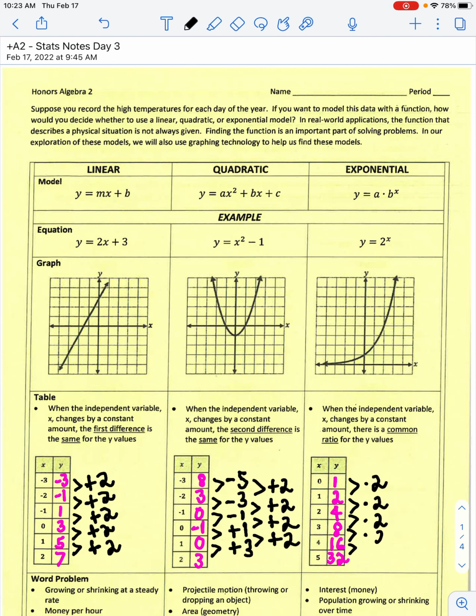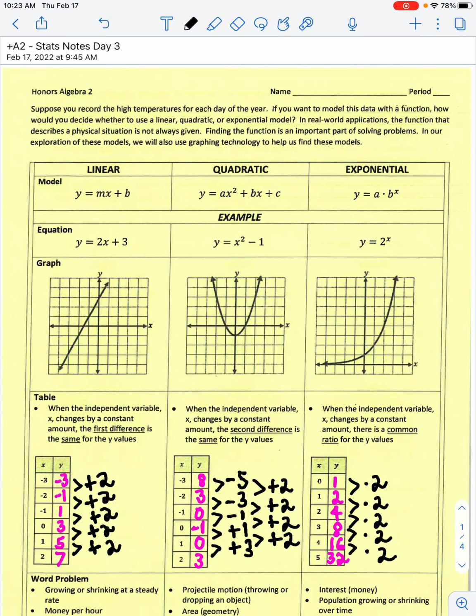So that common ratio, you can see between all values, we're multiplying by 2. We actually find it by taking the y value of 2 over 1, and the y value of 4 over 2, the y value of 8 over 4, 16 over 8, and 32 over 16.